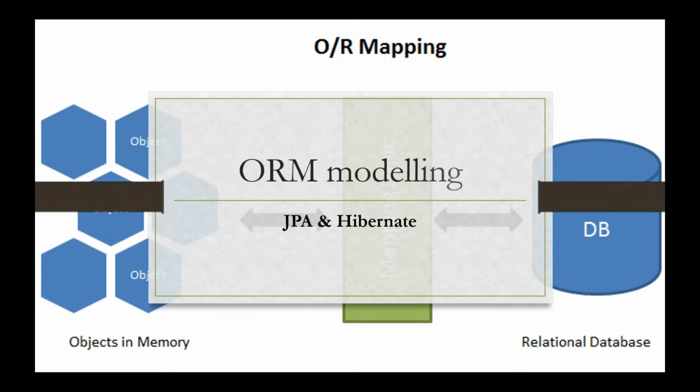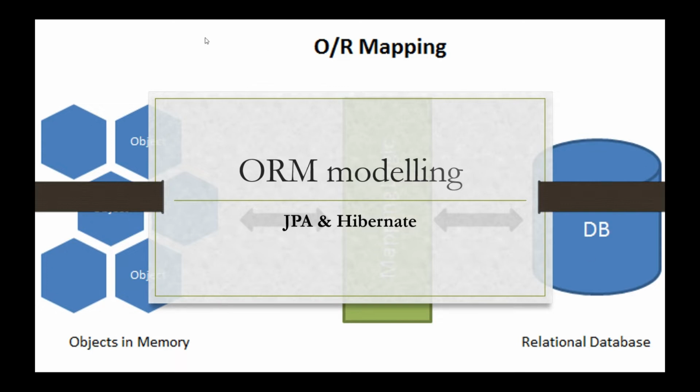So guys, we are going to implement Hibernate, which is an implementation for Java. Is it clear? The process is object relational mapping, which maps the objects in your program to the tables in the database.